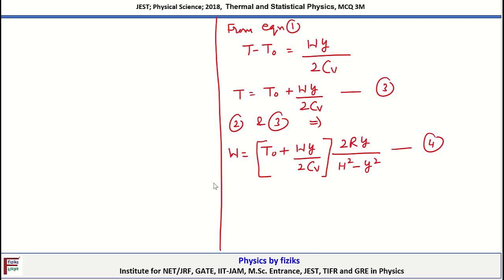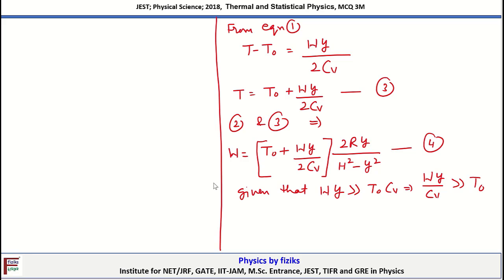Okay, now we are given a condition that W into y is much larger than T naught Cb. So that means Wy upon Cb is much larger than T naught.